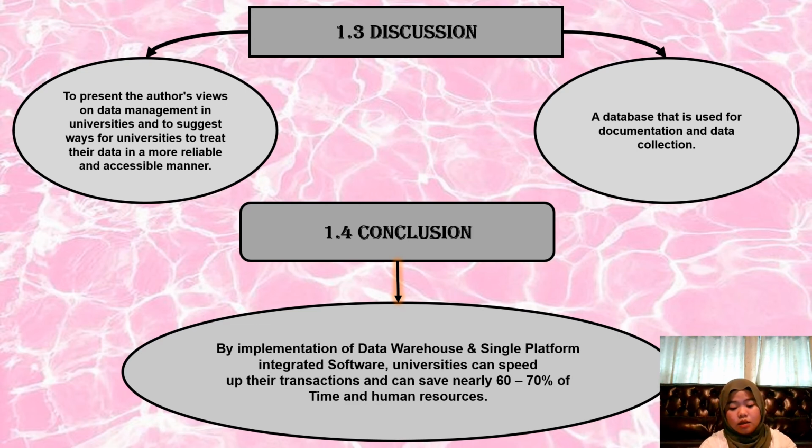According to this article, the difficulties that universities will face are consistent with historical records. Okay, so for the conclusion, this article says that by implementing a data warehouse and single platform integrated software, universities can speed up their transactions and can save nearly 60 to 70% of time and human resources.